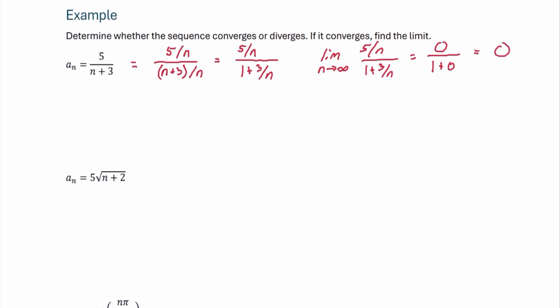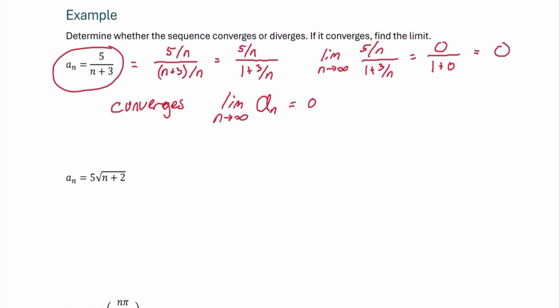So this is a convergent sequence. It converges to 0. The limit as n approaches infinity of a sub n is 0. So we have a convergent sequence.